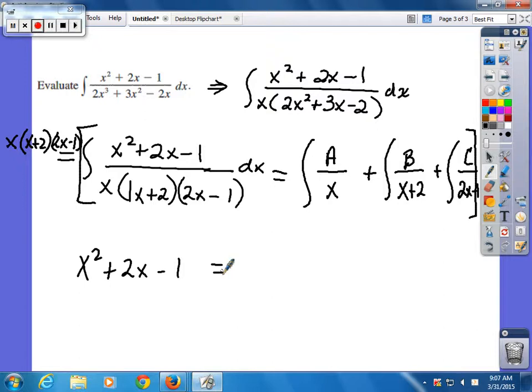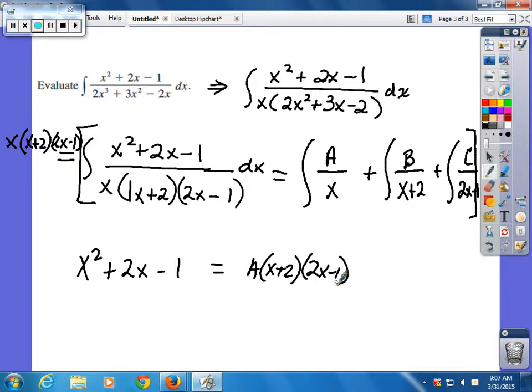So is equal to A, what's missing here that's in here? The two binomials, right? So we have to multiply that by A, that'd be x plus 2 times 2x minus 1.